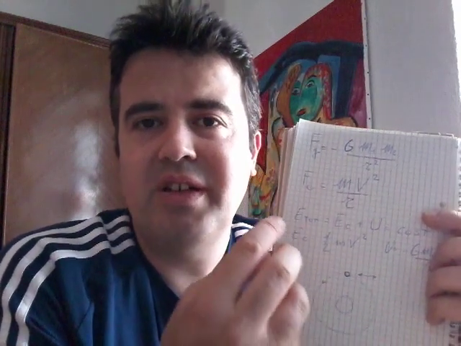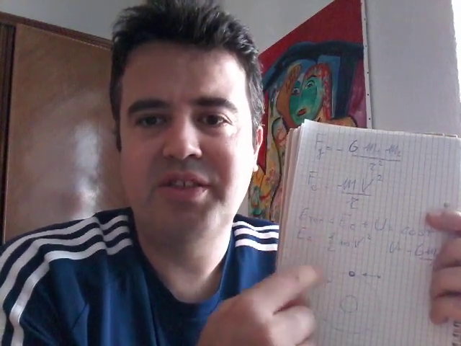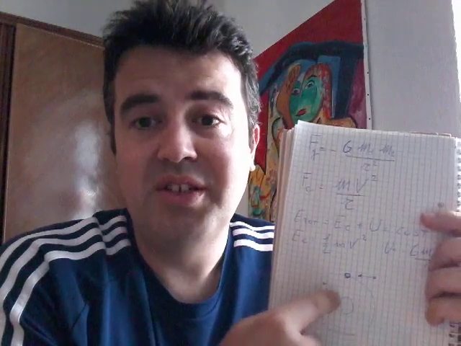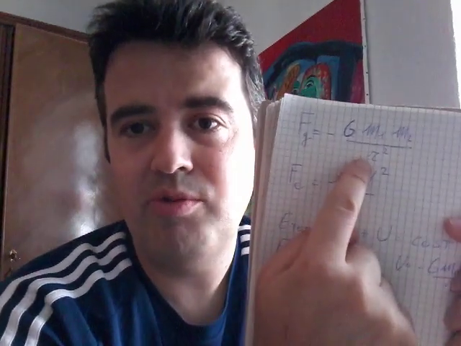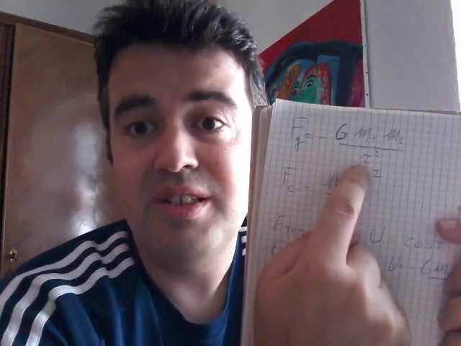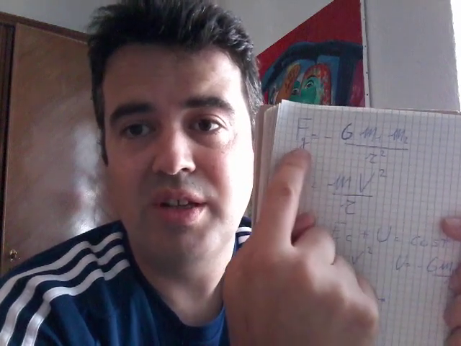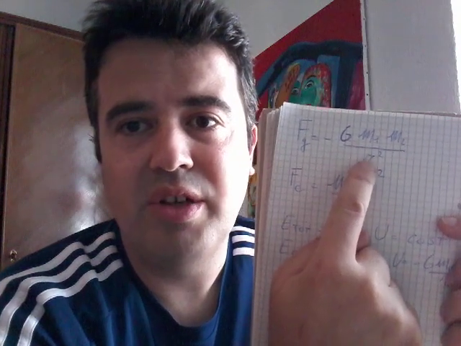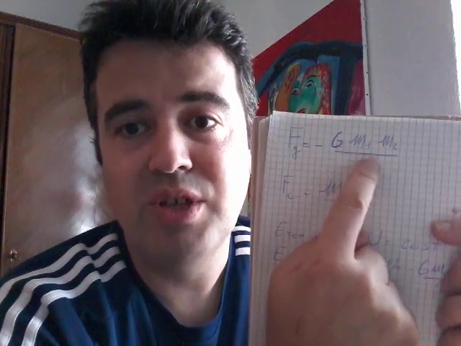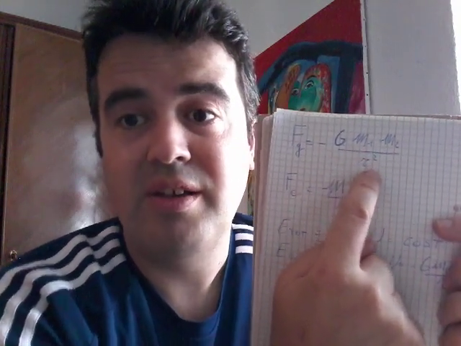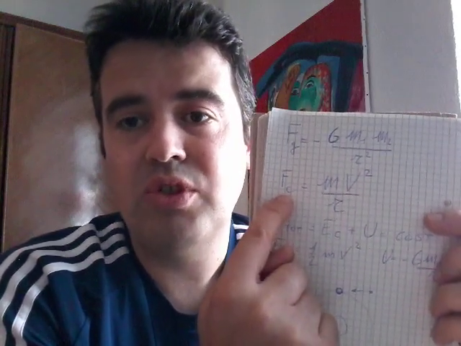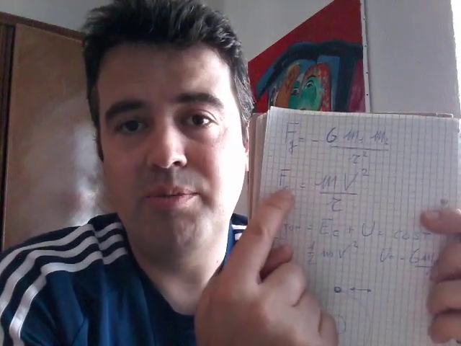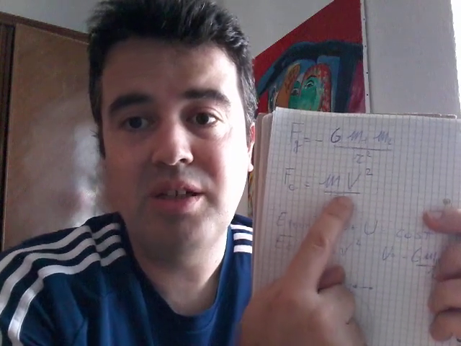But if it starts departing, the distance from the center of the Earth is increasing, and here we have at the denominator the distance from the center of the Earth. So the gravitational force is going down, because we have this radius squared here, while the centrifugal force also diminishes, but it is not squared.